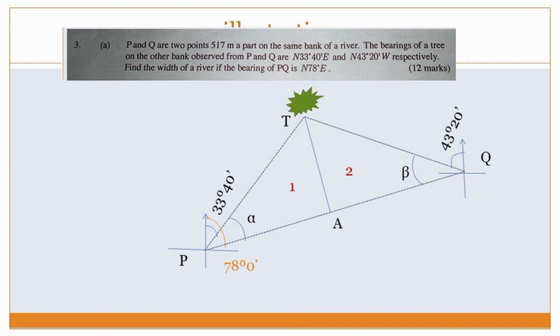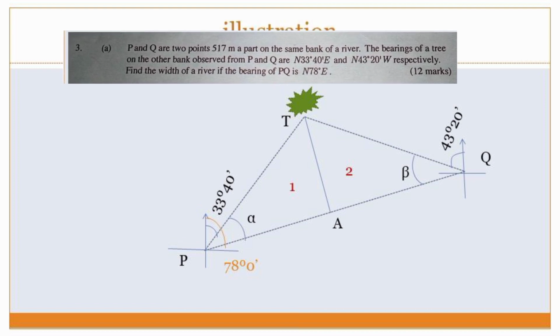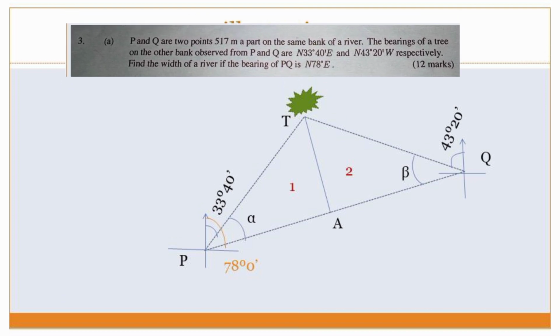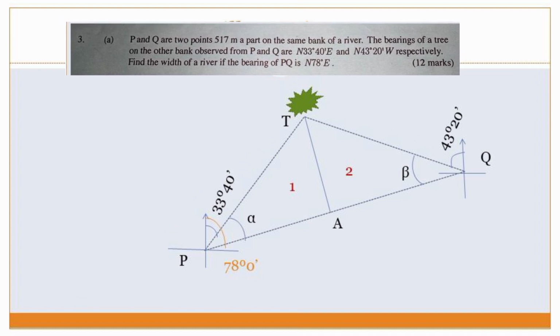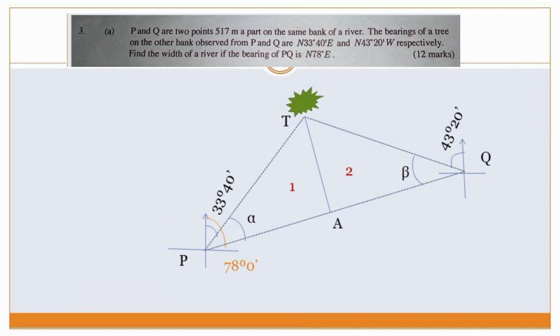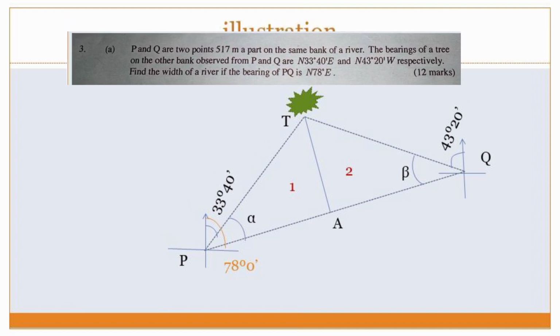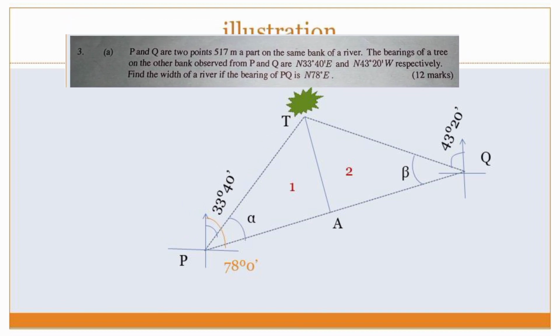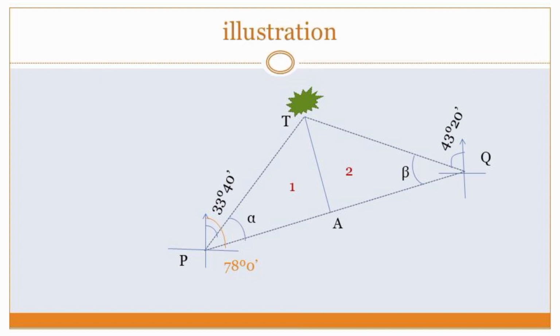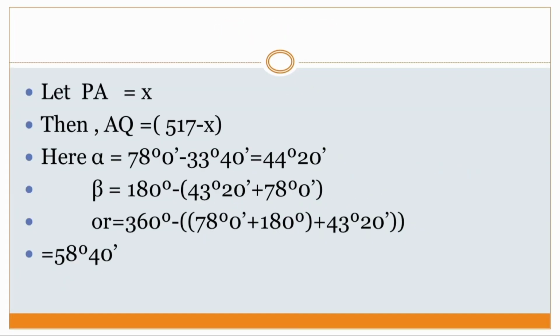Then the bearing of PQ, north 78 degrees east, is also found in the first quadrant. So there we have my triangle, with alpha and beta. Those are the angles that I will calculate.